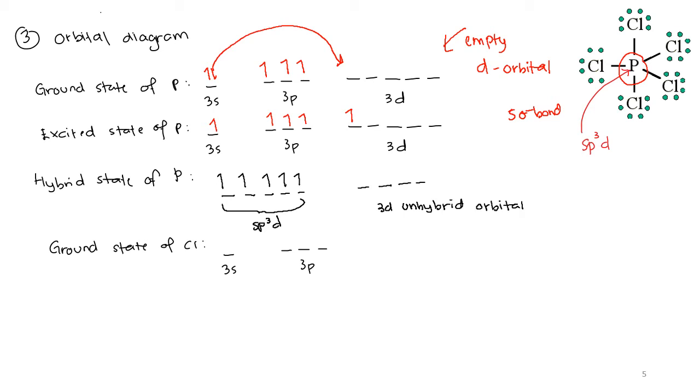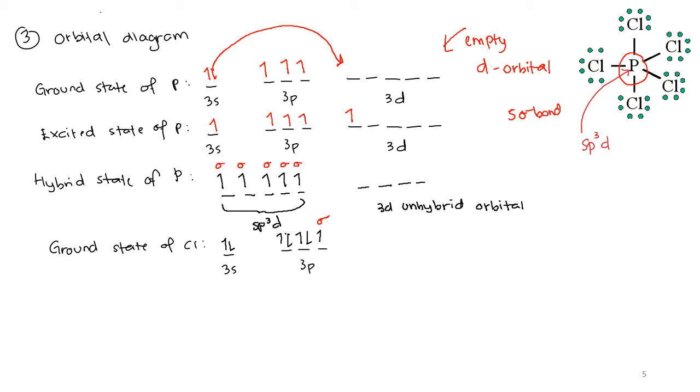For the terminal atom, you have chlorine as a terminal atom, and it will be 3s2, 3p5. You have here a single electron for the formation of sigma bond, and you have 5 chlorines here. Double check your hybrid state of phosphorus.